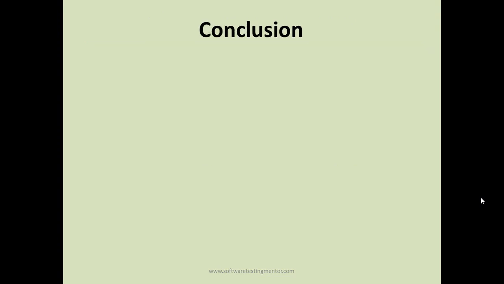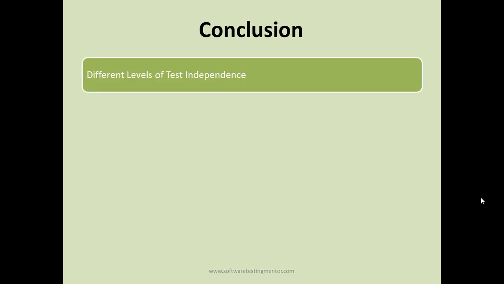So to conclude, in this session we have learned about different levels of test independence and how test independence can be very helpful if you are testing any application, and how it is more effective than having no independence in testing.